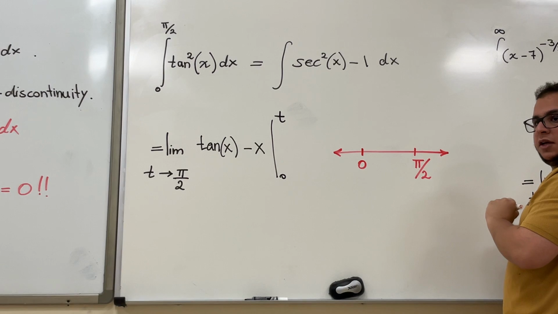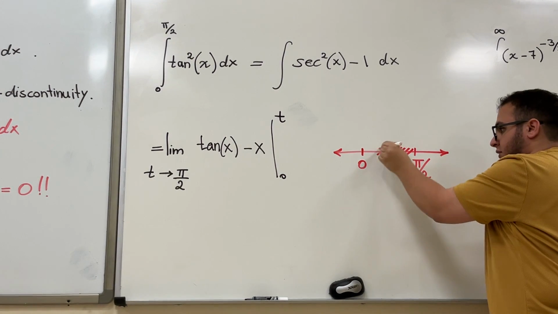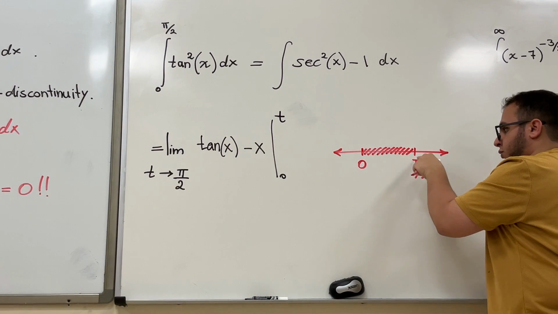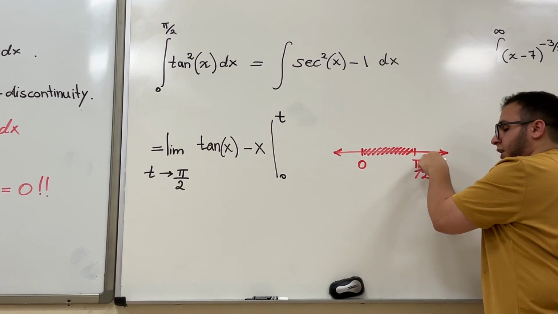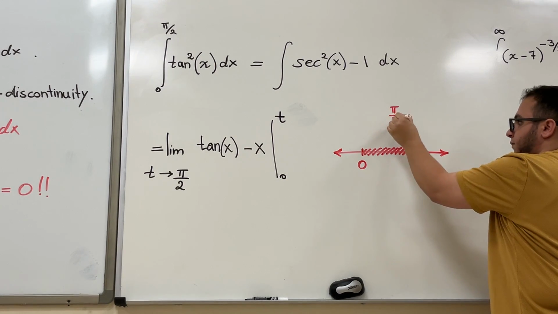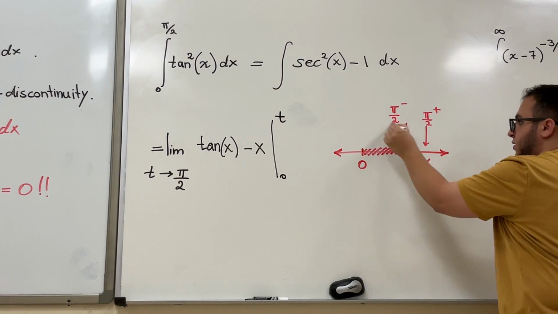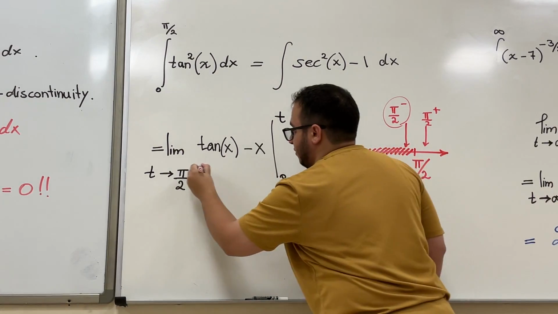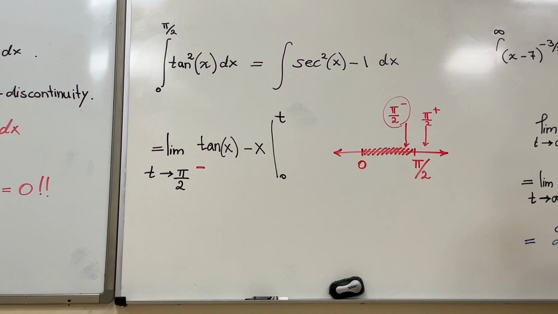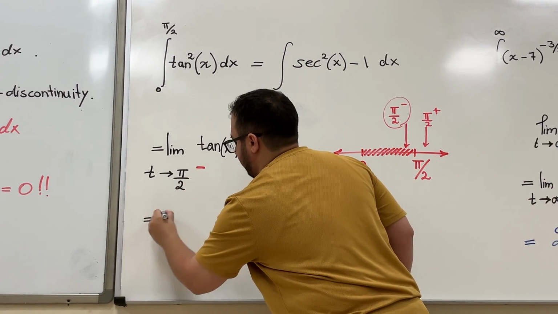Does my interval contain pi over 2 from the left or the right? Left. This is pi over 2 from the left, and this is pi over 2 from the right. The one in my interval is from the left. Clear? Then I plug the bounds and take the limit.